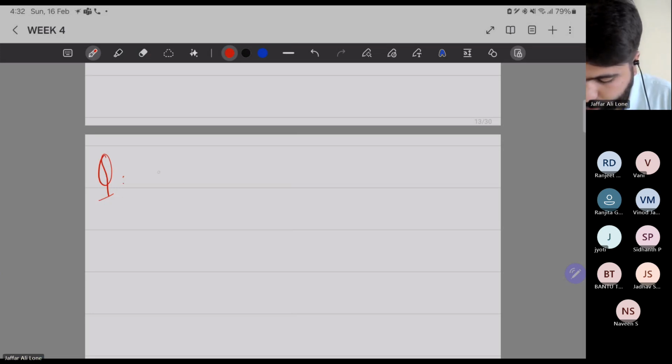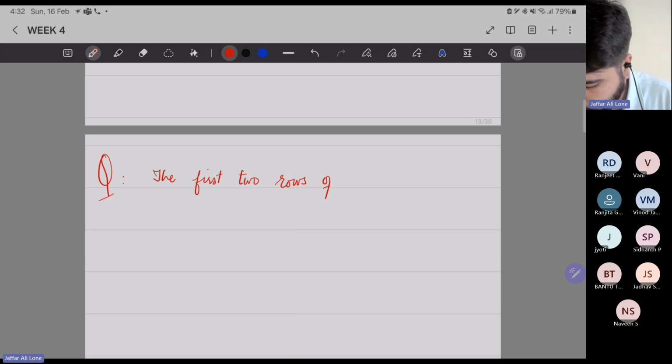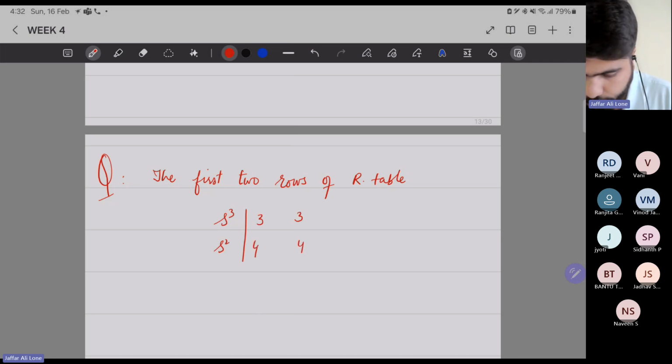Okay. The first two rows of Routh's table of a third order characteristic equation are s cube, s square, 3, 3, 4, 4.